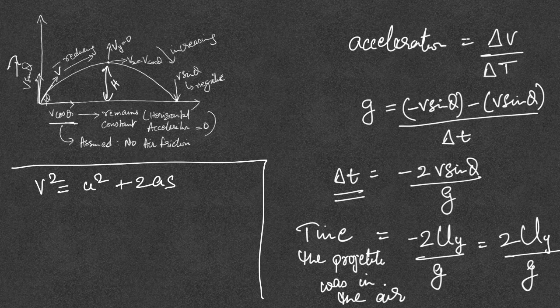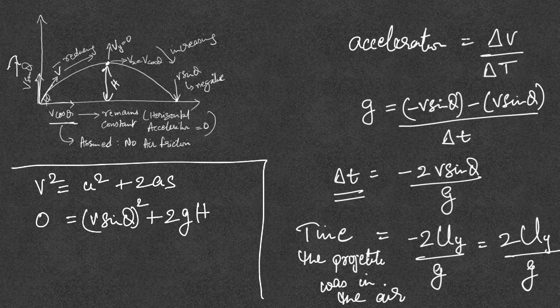In this case, if you look at the highest point over here, right, what is the vertical velocity at the highest point? It is actually 0. Okay, whereas the initial velocity is v sine theta, square, plus 2, and a is actually the acceleration g, and s will be the height, h.